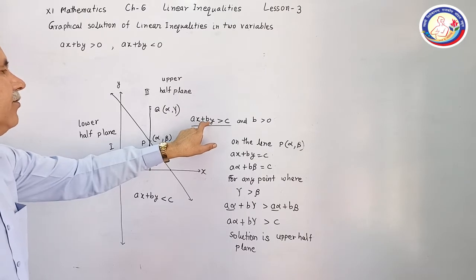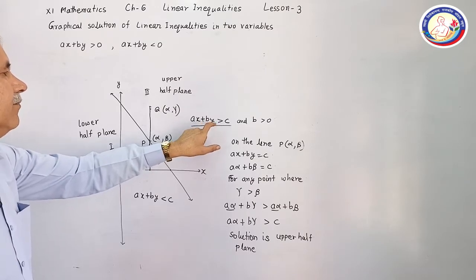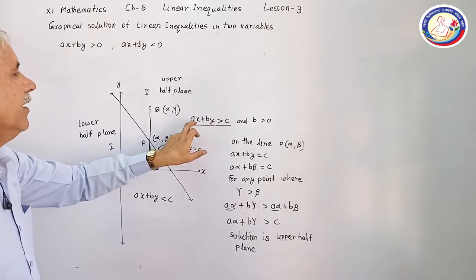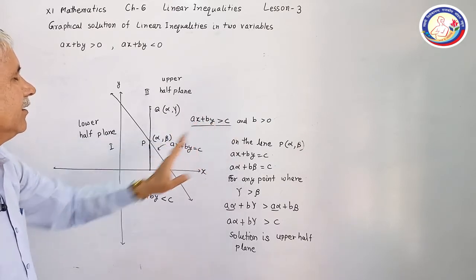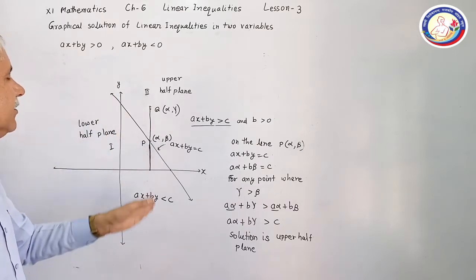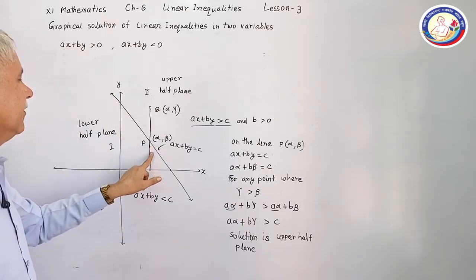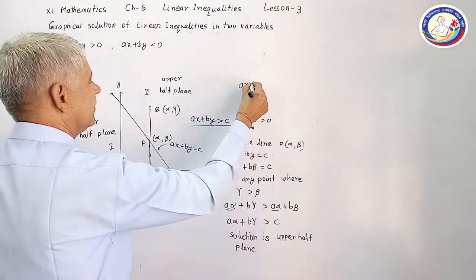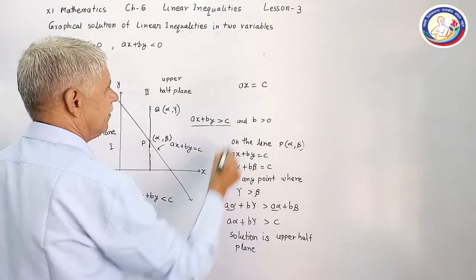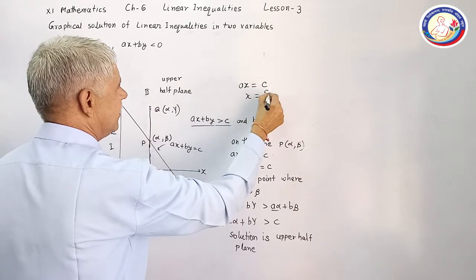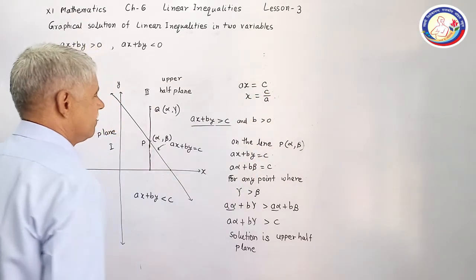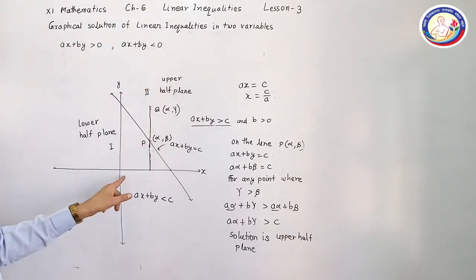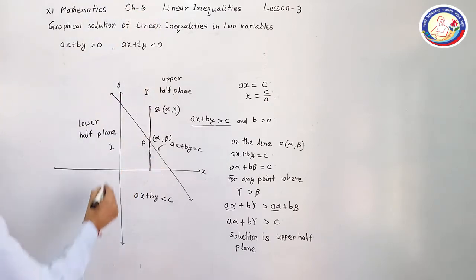If b is 0, then 0 into y is 0, and ax equal to c, so this transverse line will change into a simple line ax equal to c, or x equal to c by a. Then this will be a vertical line at a distance c by a from the origin (0, 0).